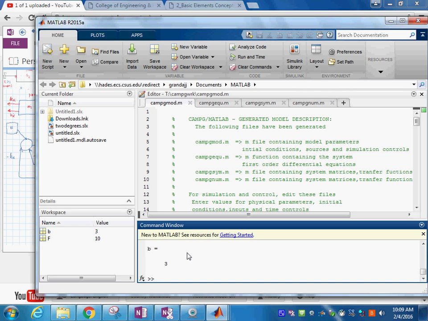Okay, we put k also. K is equal to 40. What else do we need? The mass, like 2.